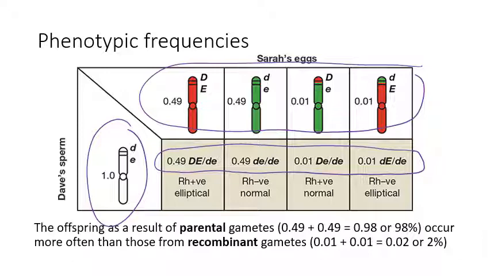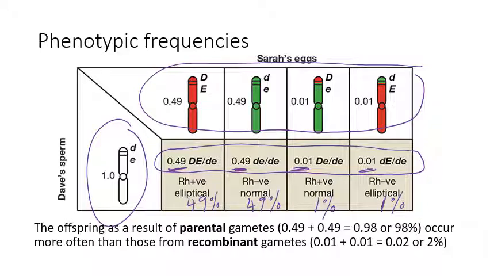So looking at the numerical value here, this is trying to give us the percentage representation of each of those genotypes and phenotypes. So for the first 2, the parental combinations, it was a 49% chance of producing either of those. Whereas the recombinant combinations, the ones on the right, are a 1% chance of producing those.